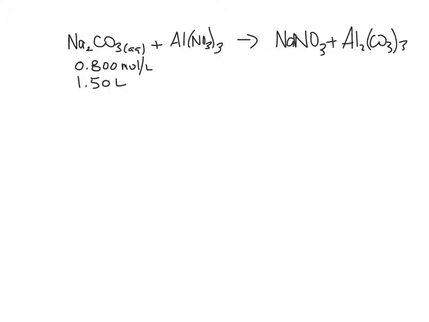That is not a balanced chemical equation, so we're going to have to balance that. We have 1 mole per liter aluminum nitrate, and there's 850 milliliters. Divide that by 1,000, and we've got 0.85 liters.